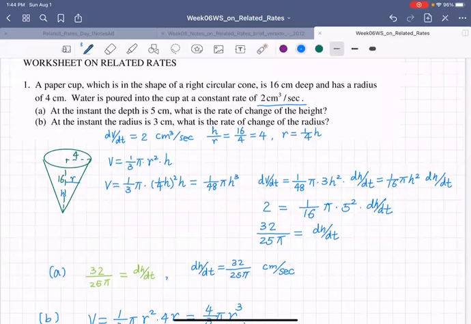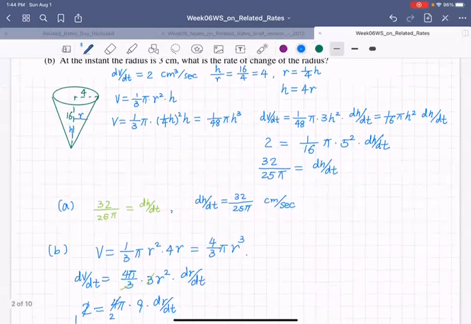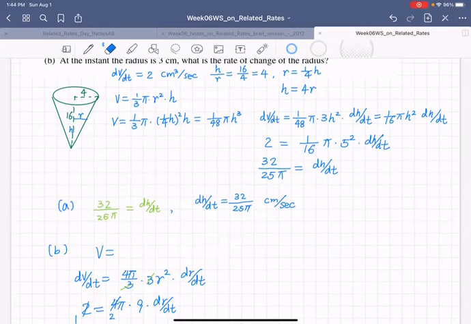So we will replace. So we do h equals how much? 4r. Okay. Now we can replace. The old formula is this. And then h equals to 4r, right?